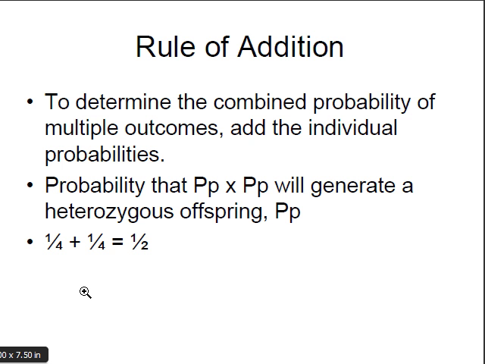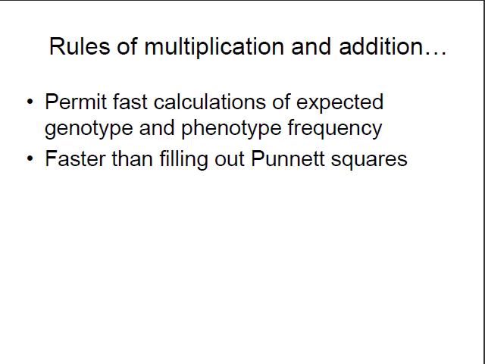How you calculate the probability of any heterozygote being formed in the next generation is you calculate the individual probabilities, 1/4 and 1/4, and you add them together to get a probability of 1/2. Now, the value of the rules of multiplication and addition is that they permit fast calculations of expected genotype and phenotype frequencies, and they're faster than filling out Punnett squares.